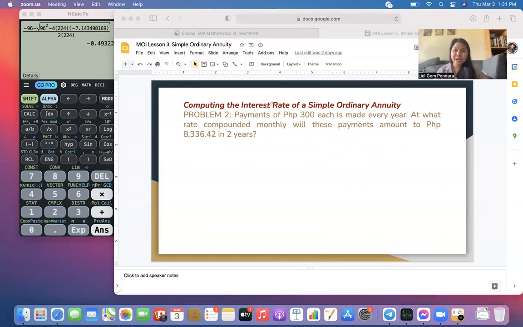Payments of 300 pesos each is made every year. What is that 300 pesos? R. R, very good. At what rate? We're asking what rate? Compounded monthly. So what will be our M? 12. Will these payments amount to 8,336.42?